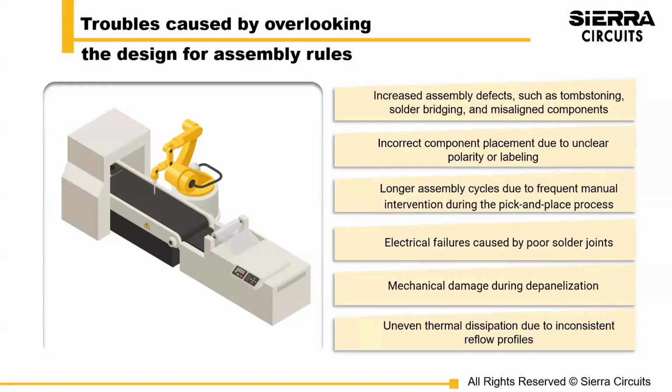Also, the manual intervention during pick and place slows down the entire process, leading to longer assembly cycles. Poor solder joints might result in electrical failures, and depanelization, of course, might also cause physical damage to the components. Uneven heating during reflow might also lead to inconsistent soldering. We will be discussing more on this later.